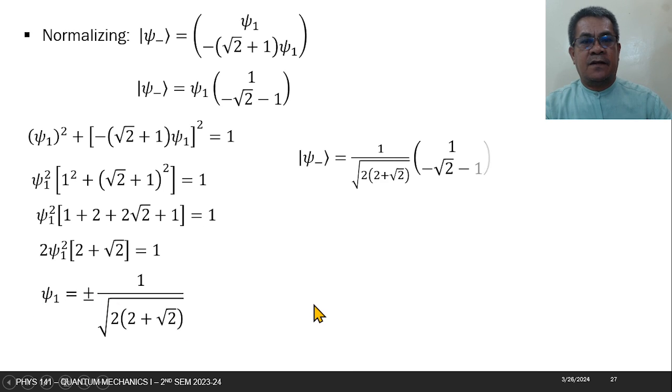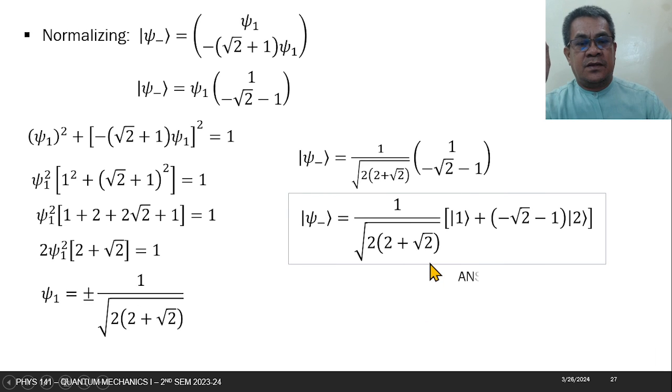Then of course substitute this psi 1 into this equation. So we have this result. This is our eigenfunction for the negative eigenvalue. In terms of the basis, this is now the matrix.